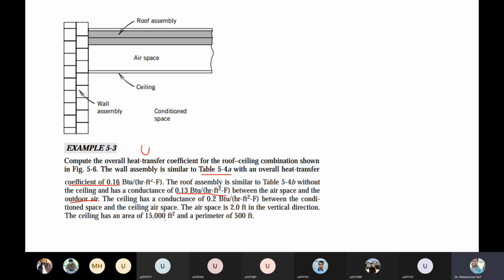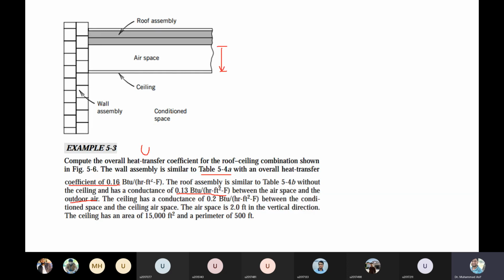And then this is the air space. The ceiling has a conductance, and the value for the ceiling is given. The air space is 2 feet thick, so the thickness of the air space is also given.